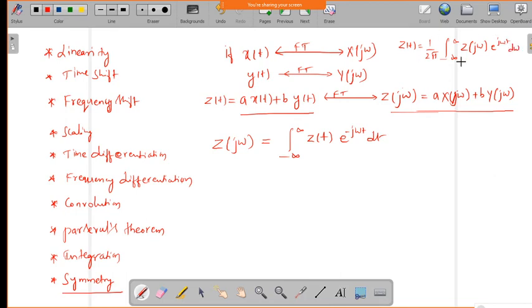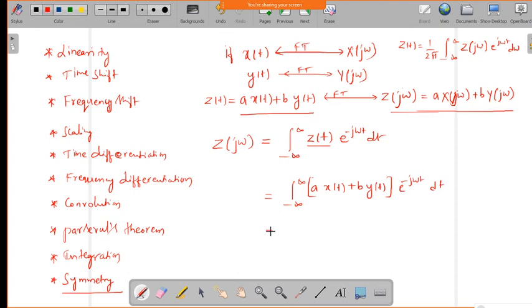Okay, so this is the z of t signal, and the corresponding z of j omega we can write like this. So now we know z of t, so substitute this one, so we will get integral from minus infinity to plus infinity of a into x of t plus b into y of t, okay, into e power minus j omega t into dt.